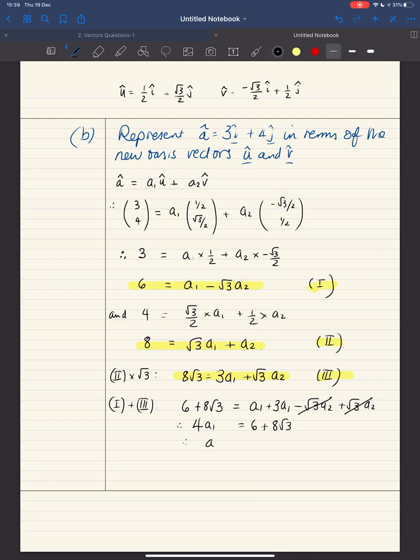So therefore a1 is 6 plus 8 root 3 divided by 4, and then divide top and bottom by 2: 3 plus 4 root 3 over 2. Okay, so that's one answer. That's A1.